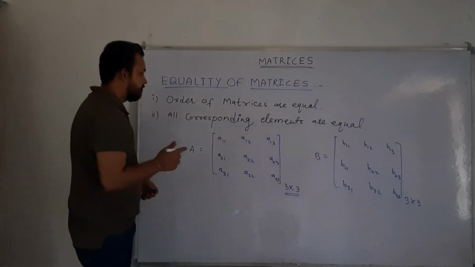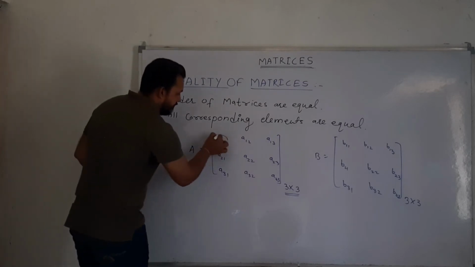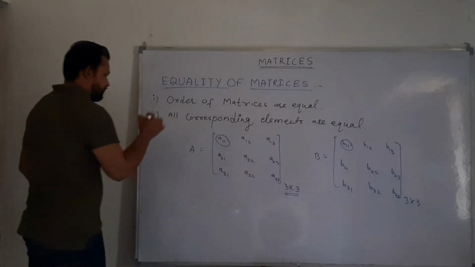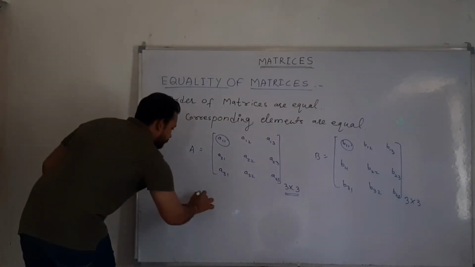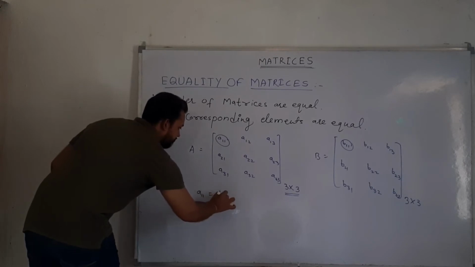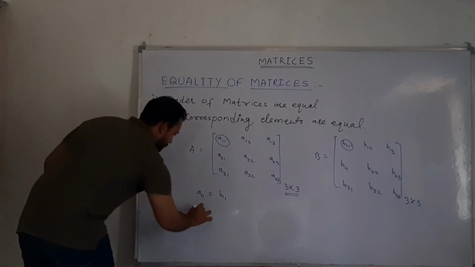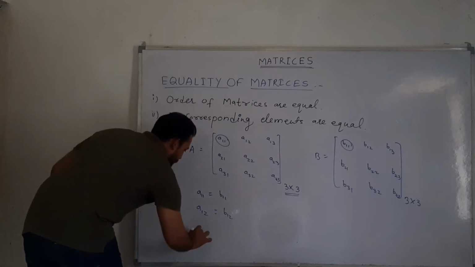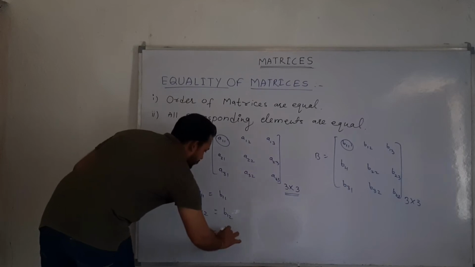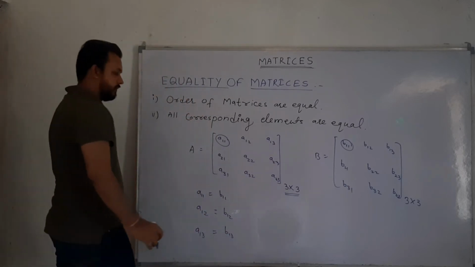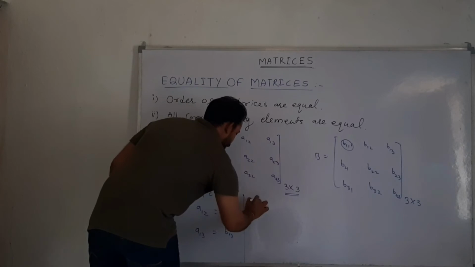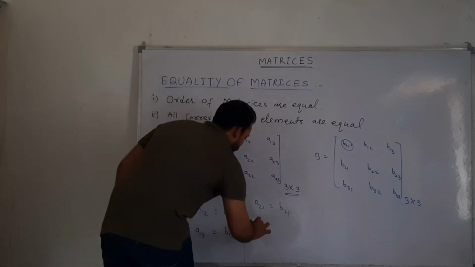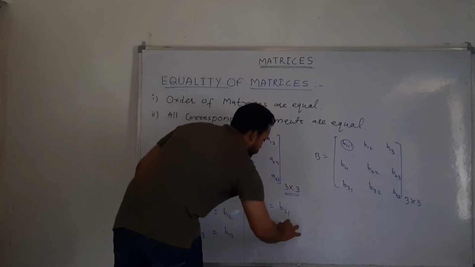Corresponding elements, that means A11 should be equal to B11. So, the second criterion is A11 should be equal to B11. A12 is equal to B12. A13 is equal to B13. And A21 equal to B21. A22 equal to B22.